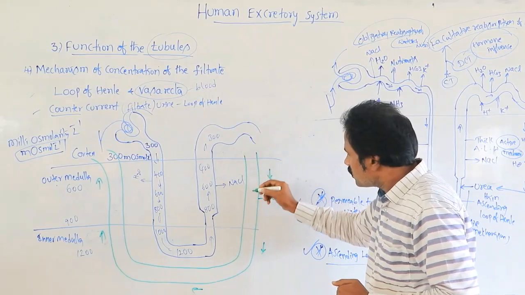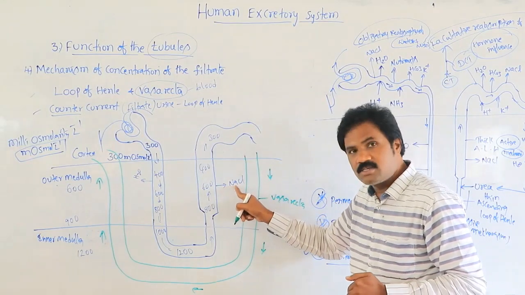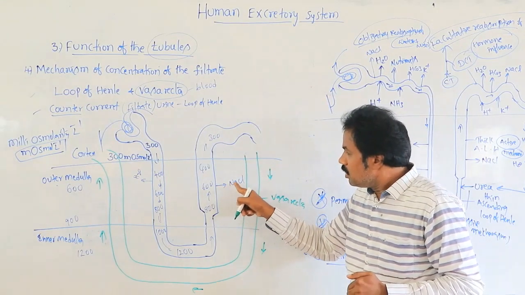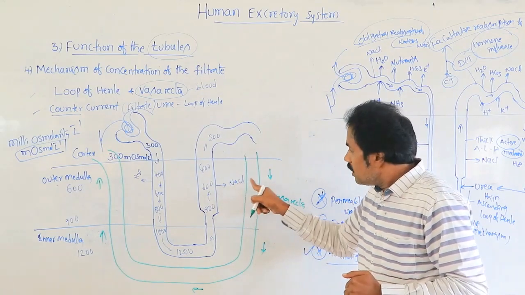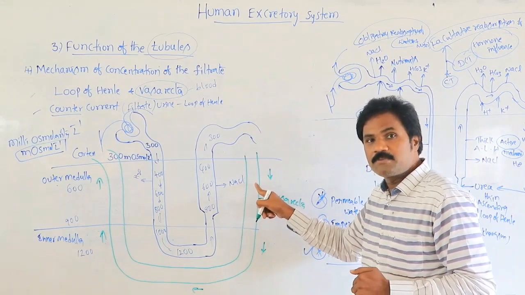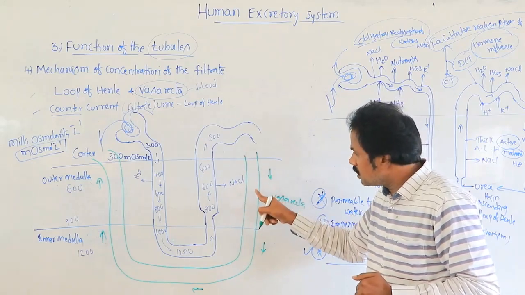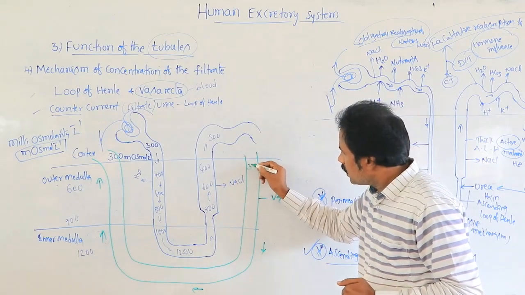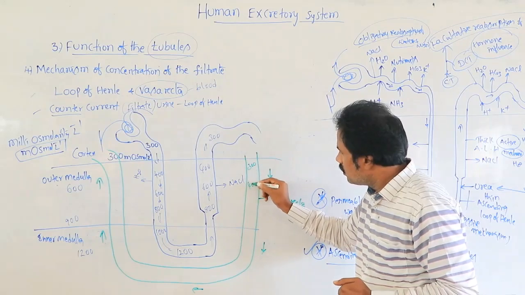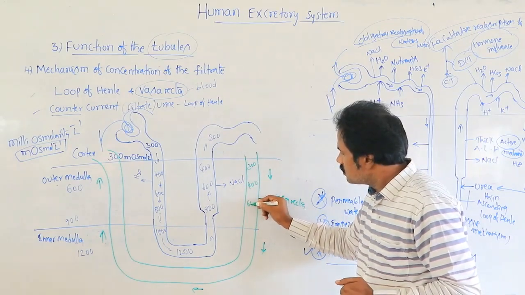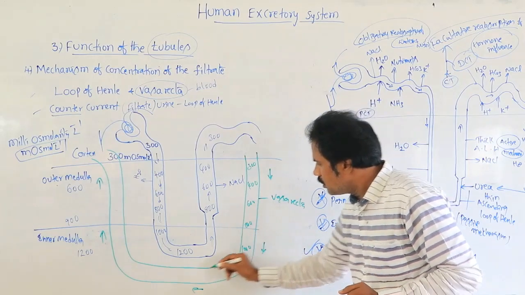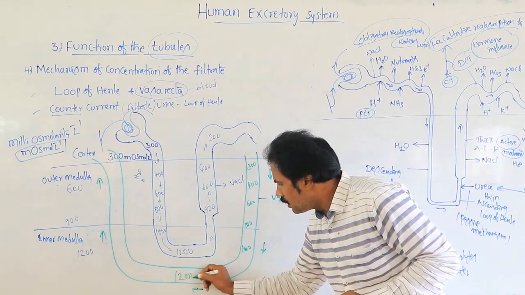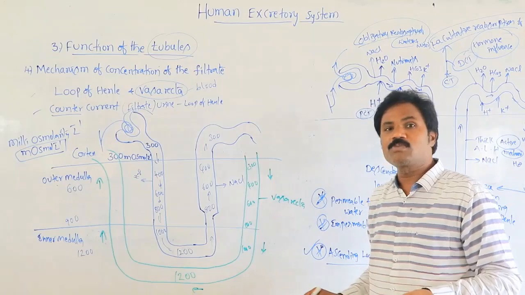In the vasa recta, the substance that is secreted is sodium chloride. Whenever sodium chloride is secreted, it is absorbed by the vasa recta. Gradually the concentration is 300, then 400, then 600, then 800, then 1000, then maximum in the medulla, where the osmolarity increases.